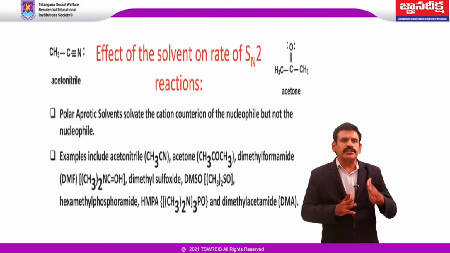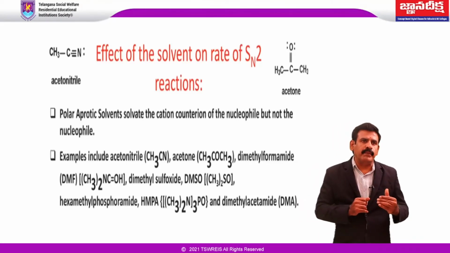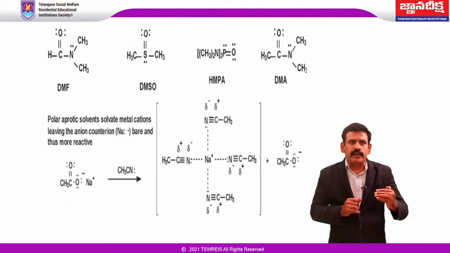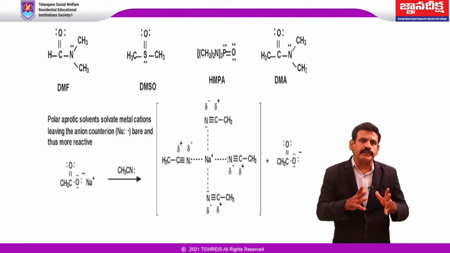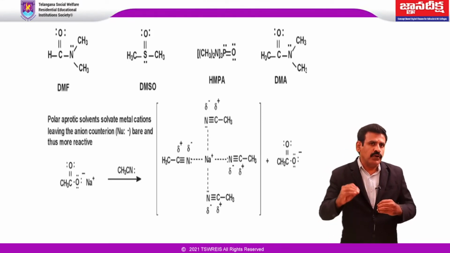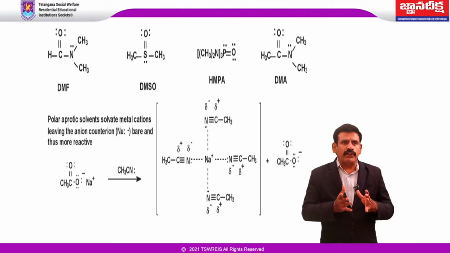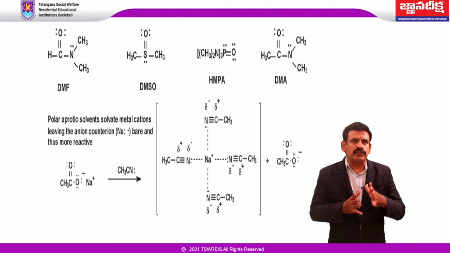See, these are the structures of DMF, DMSO, hexamethylphosphoramide, and dimethylacetamide. You see the structures, how it is affecting the SN2 reaction.